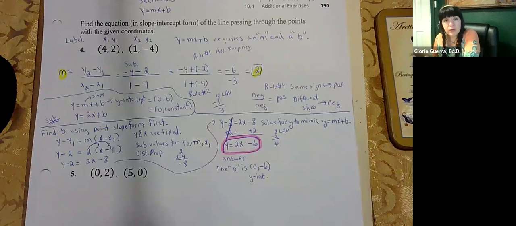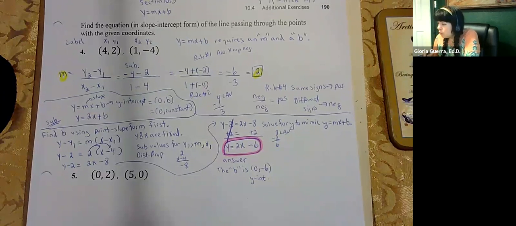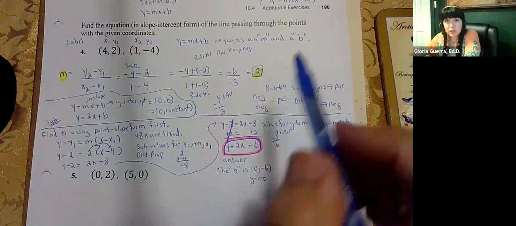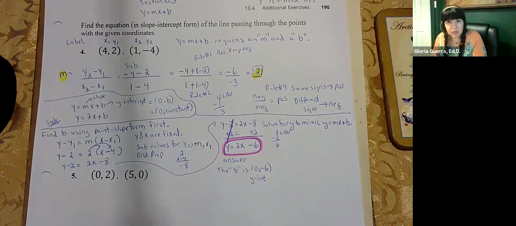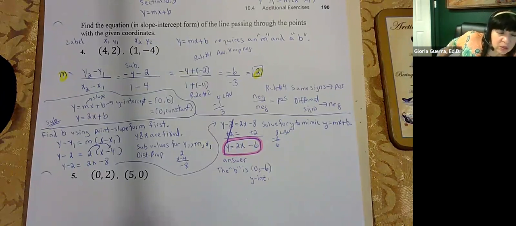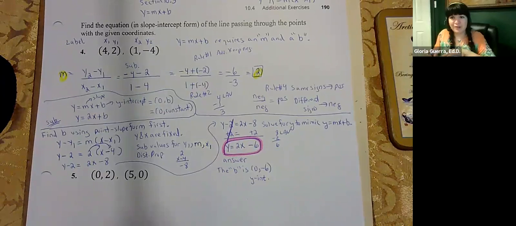Now, I'm going to show the other method on the back of the sheet. You should work this on page 190. I think on the back of page 189 you have some paper. I'm actually just going to work it on a clean sheet of paper. Let's have a calculator.